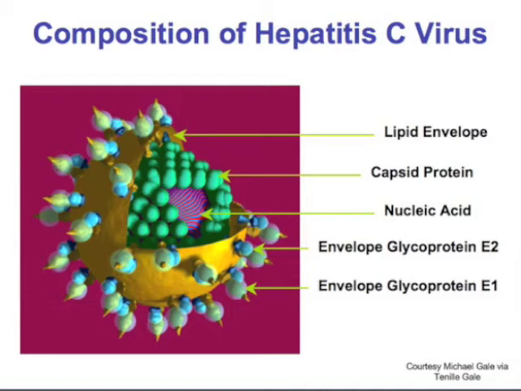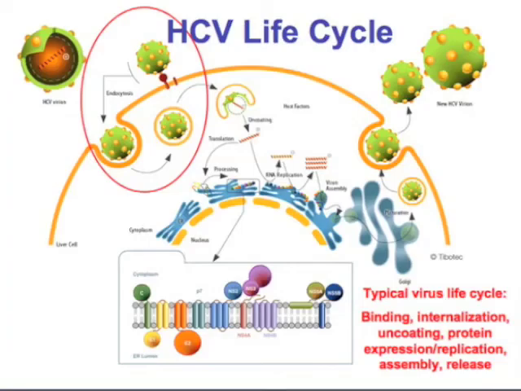So this slide summarizes the virus life cycle, and like most viruses, or in fact all viruses, it has a typical virus life cycle. It involves binding of virus to cell surface receptors, internalization of the RNA, uncoating where the viral membrane is fused with the endosomal membrane to allow that genome to be exposed. The genome is then translated, and the proteins are expressed on endoplasmic reticulum membranes, as shown in this zoom-in feature here.